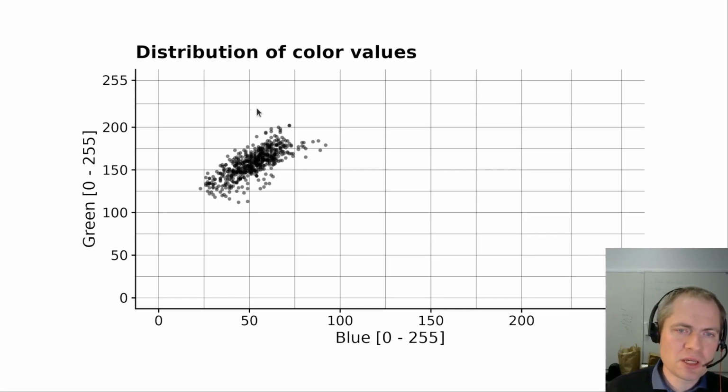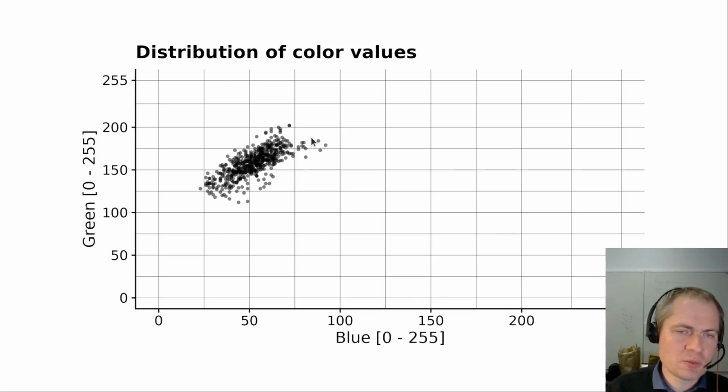If we calculate the average of these color values, we can get an average color value in here, and we can also look at the arrangement of these points around the mean value here, and describe that using a covariance matrix. This generates an ellipse that tells us where these color values are within this color space.